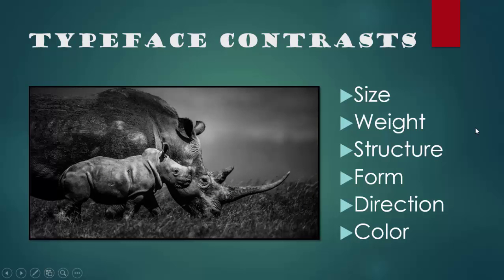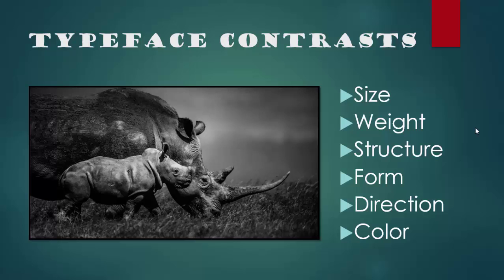Alright, so as I've already alluded to, this chapter really looks in detail at different ways that you can use typeface, contrasting typefaces, and in doing so create a document that looks good.